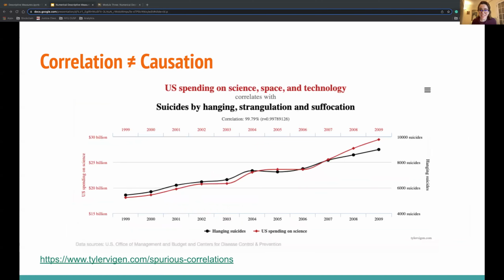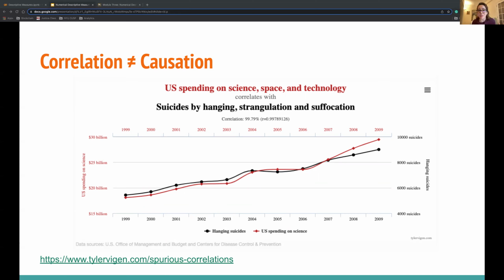One thing to note is that just because two variables seem to be correlated does not mean we can make any conclusions about causation, to say X causes Y. If we do see this correlation without any causation, we can call this spurious correlation. For example, the US spending on science, space, and technology is 99% correlated with suicides by hanging, strangulation, and suffocation.